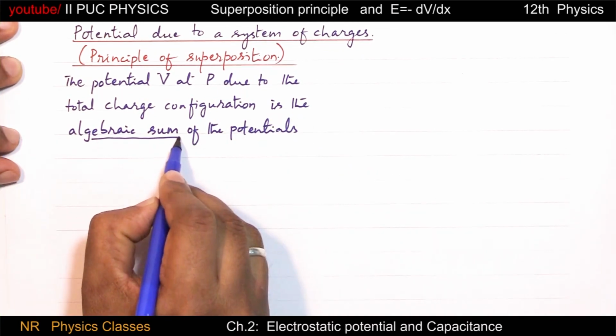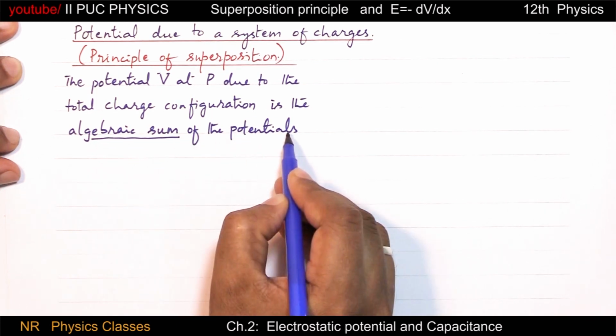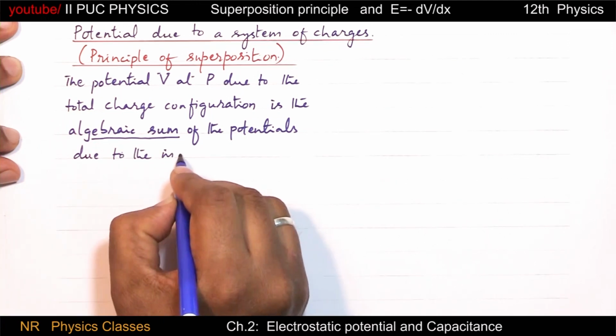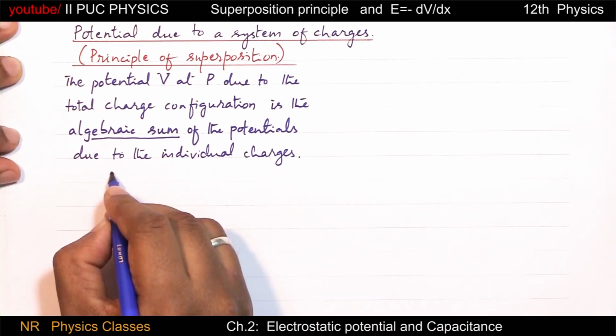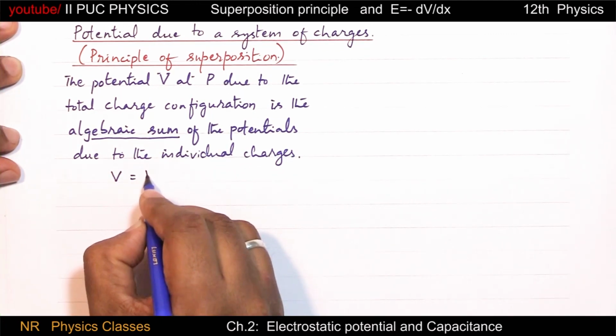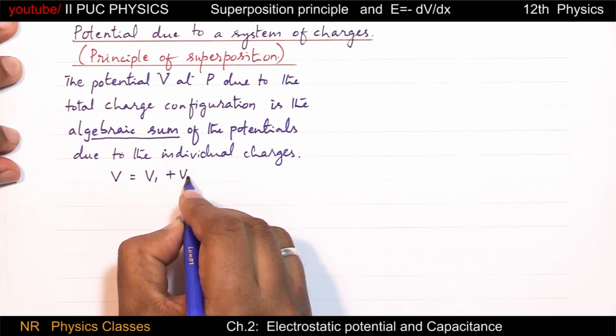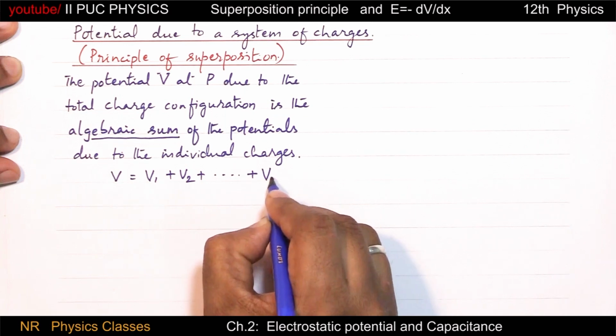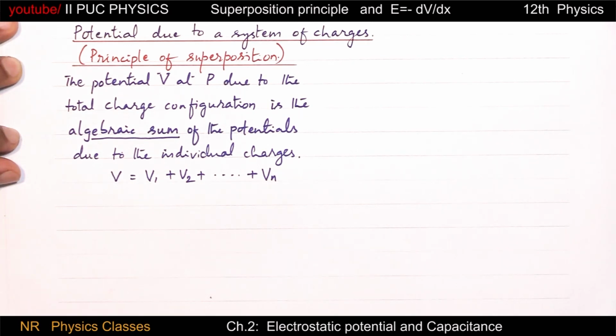This is important. The algebraic sum of the potentials due to the individual charges. That is, V equal to V1 plus V2 plus so on. If there are n charges, then up to Vn.